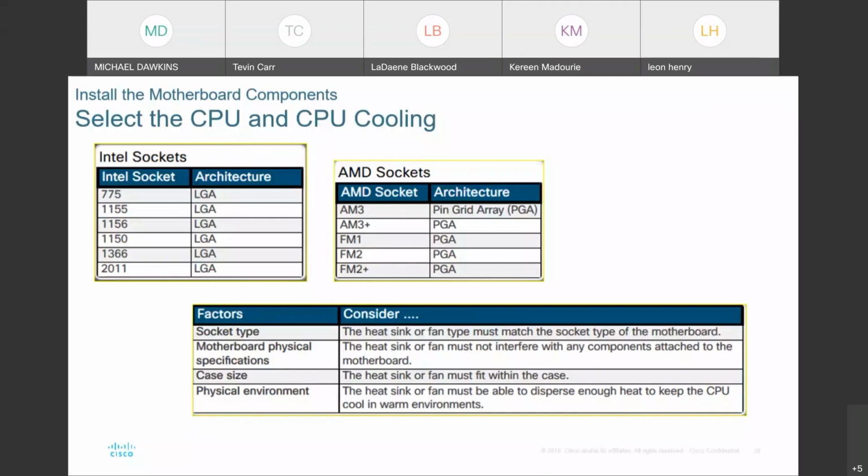All right, so you have the AMD sockets, and those are PGA, pin grid array. So you can tell which manufacturer's CPU you are looking at by the socket architecture, whether it is PGA or LGA. So with AMD, we have the AM3 plus and the FM modules. As I said, the FM comes in different generations.